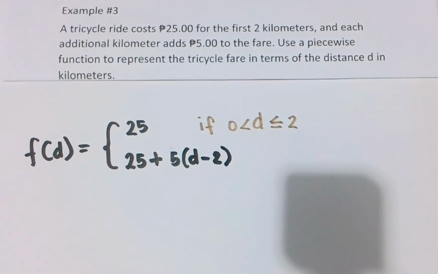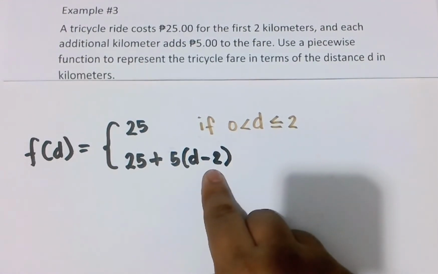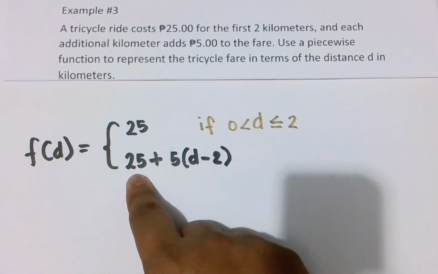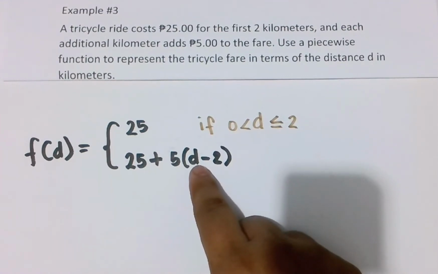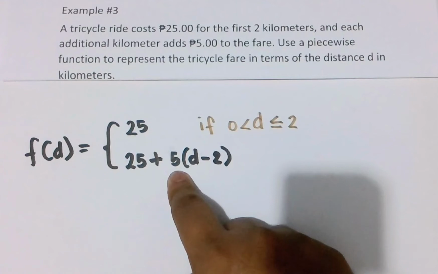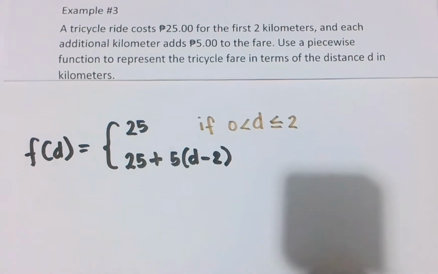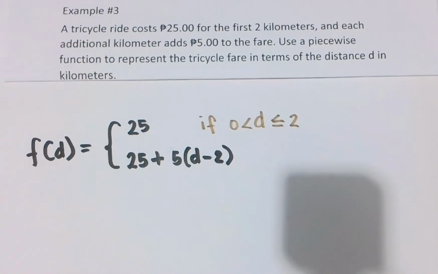Okay? So, we have to less the first 2 kilometers kasi yung first 2 kilometers na yon ay binayaran na siya ng 25 pesos. So, whatever is remaining here, yun lang yung i-multiply natin sa 5 pesos. At yun yung idadagdag natin sa 25 para ma-determine natin yung total fare ng tricycle.